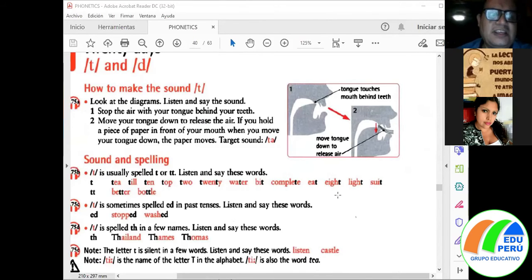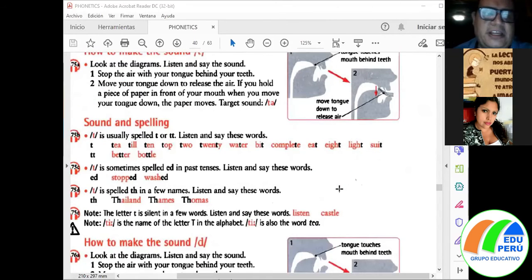This is the sound. Let's pass to the sound and spelling. Ta. Ta is usually spelled with the letter T. Notice ta, the sound, T, the letter to write.